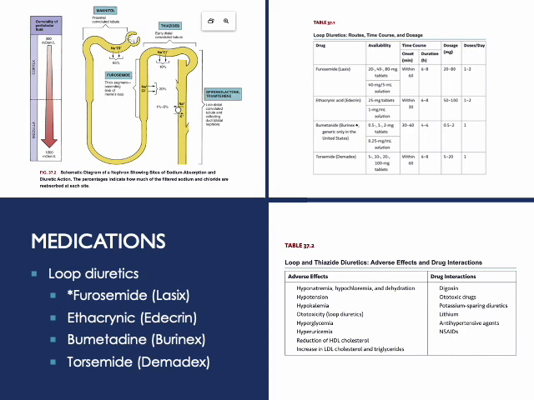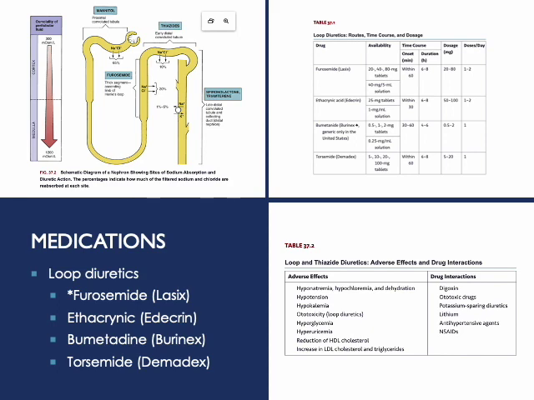So additionally, we have Lasix, but again, we can use these other three that are listed. They work very much like furosemide. They promote diuresis by inhibiting that sodium and chloride reabsorption in the thick ascending limb of the loop of Henle.